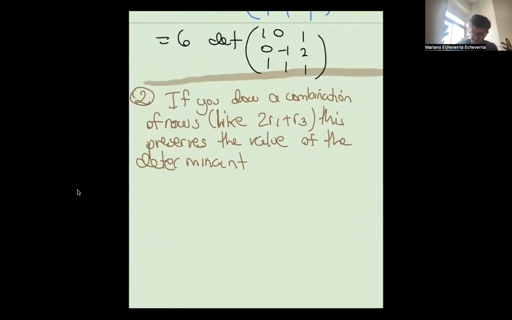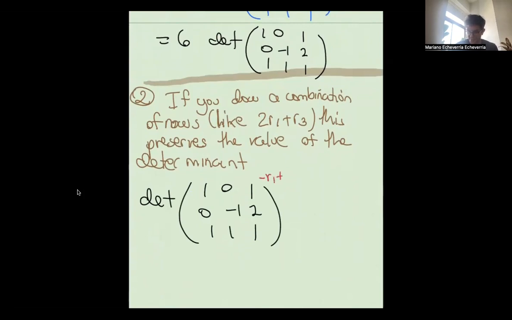Let's continue with the matrix 1, 0, 1, 0, negative 1, 2, 1, 1, 1. If you remember, what would be a way to get more zeros here? For example, you could do minus row 1 plus row 3, and I'll substitute that into row 3.